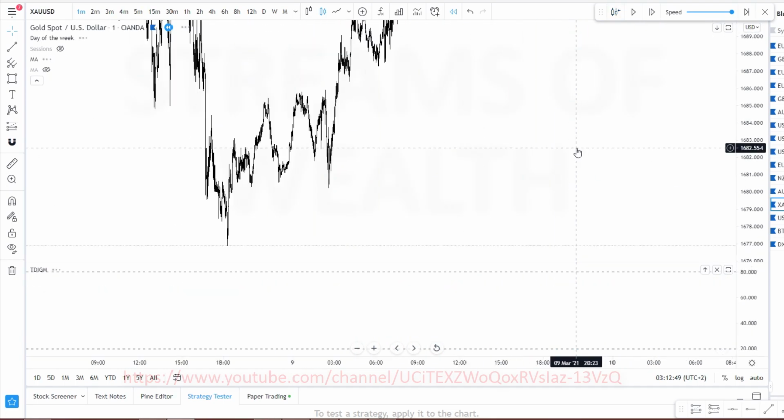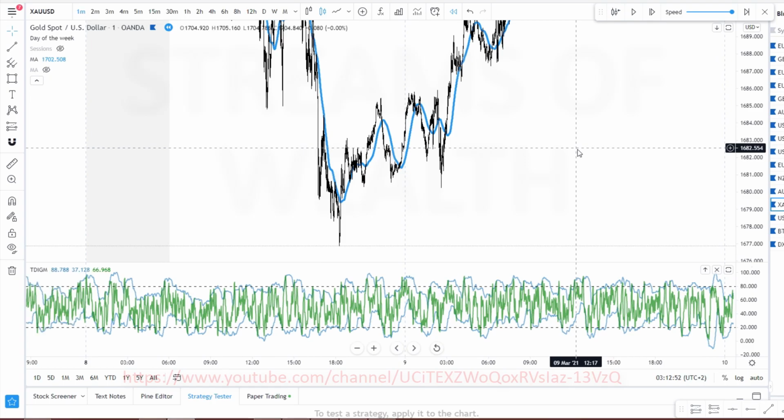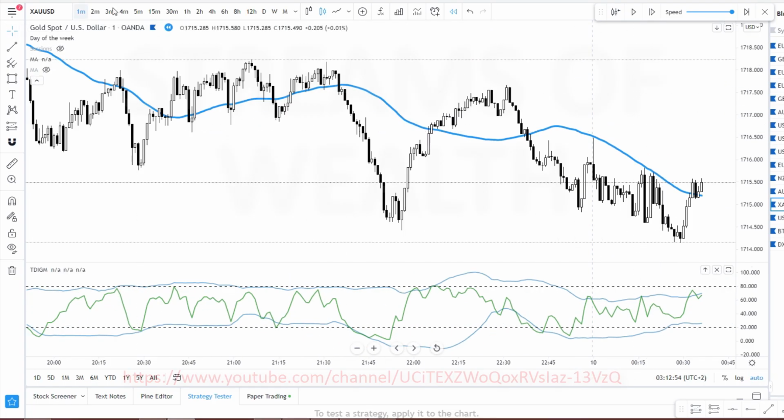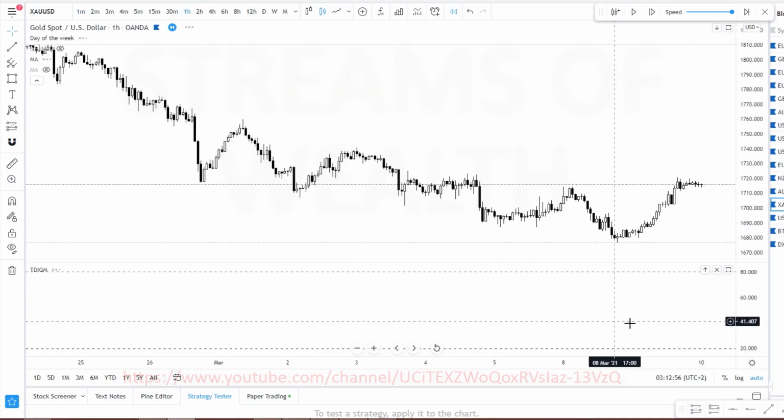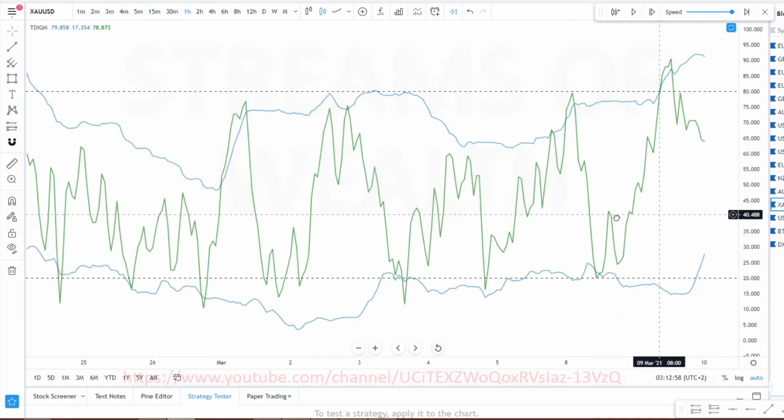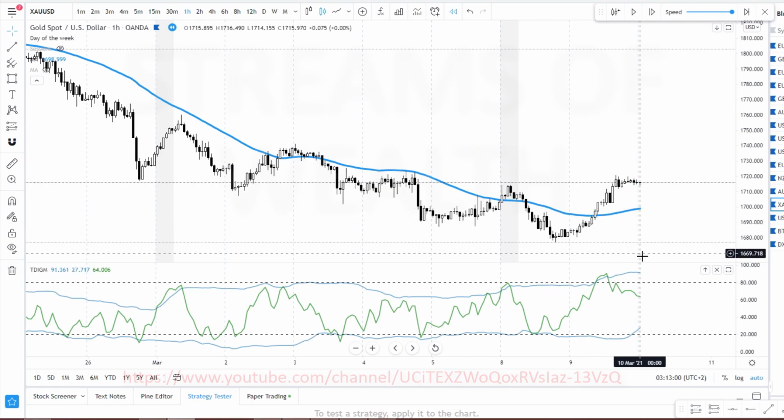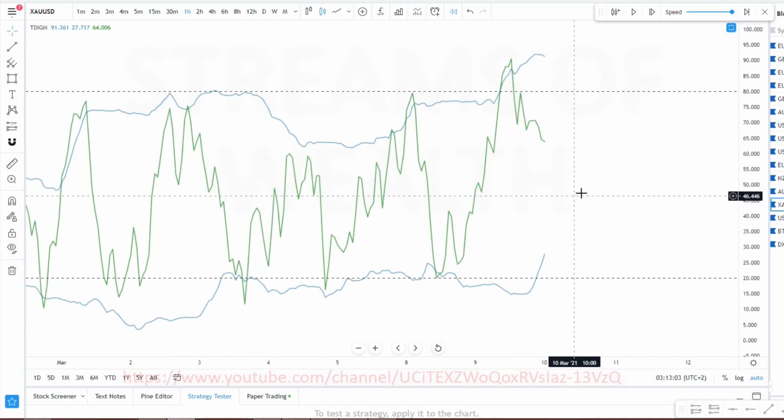For example here. And we go on 1 hour and we will watch the TDI indicator. So now what needs to happen is this green line has to cross above or below the blue line.